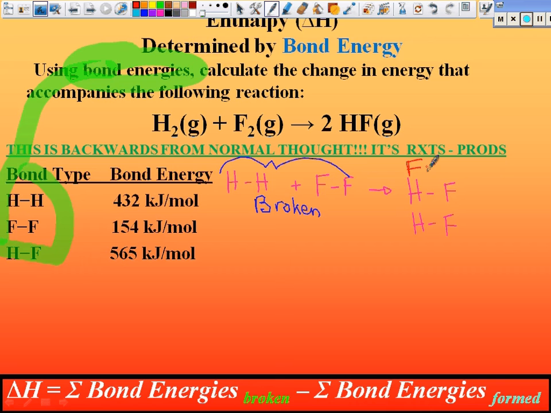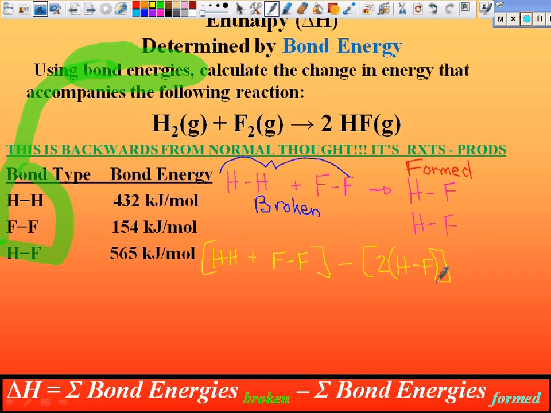So when we do our math, we're going to need an H-H plus an F-F minus 2 H-F bonds. Now do we have numbers to plug into this thing? It's the same thing, but it's backwards.